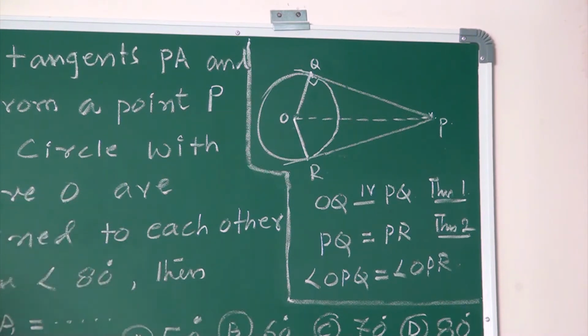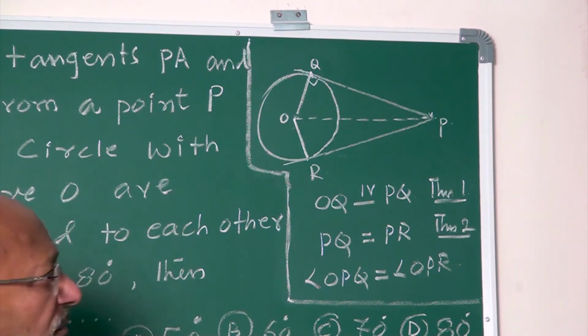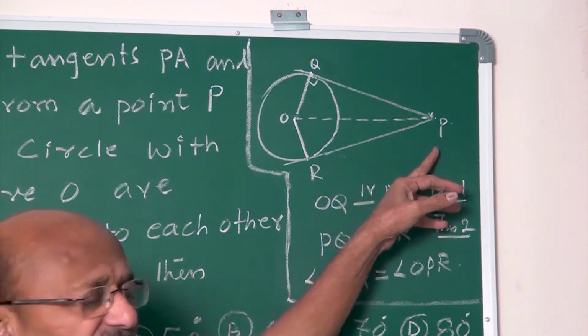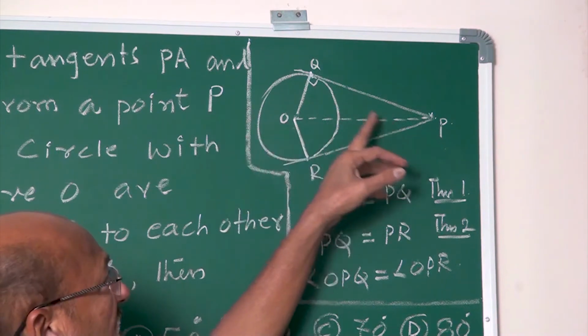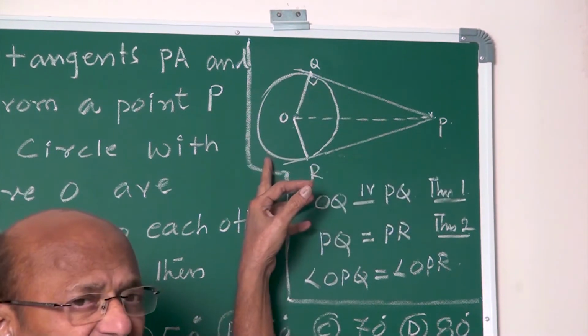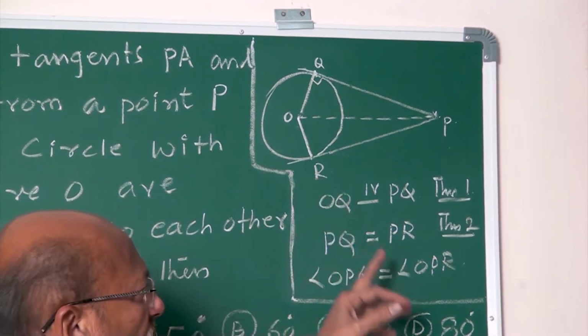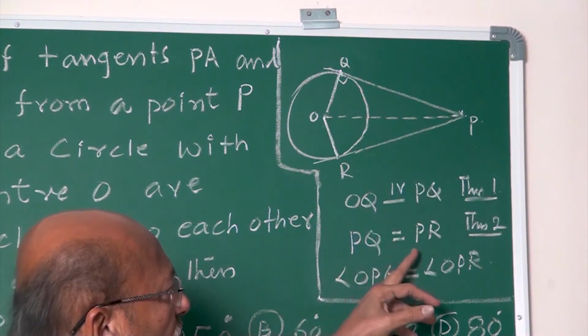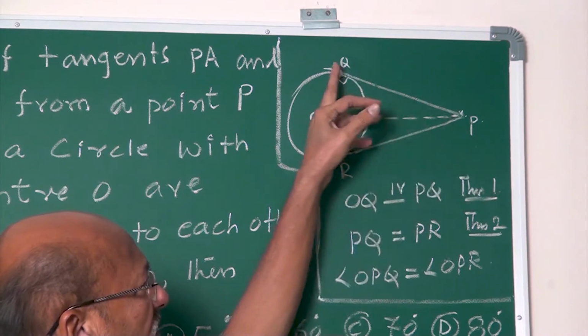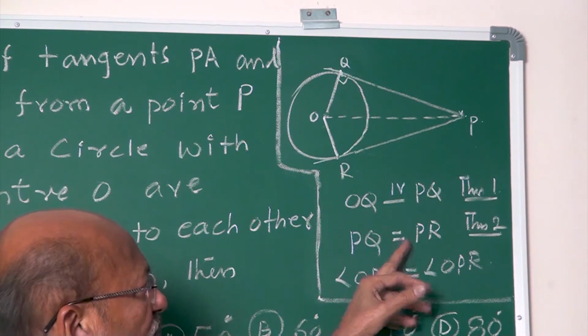So what is theorem number 2? For a point outside the circle, we can draw two tangents to the circle. One tangent is PQ, one tangent is PR. And we have proved that the length of the tangent PQ is equal to the length of the tangent PR. This is 1.